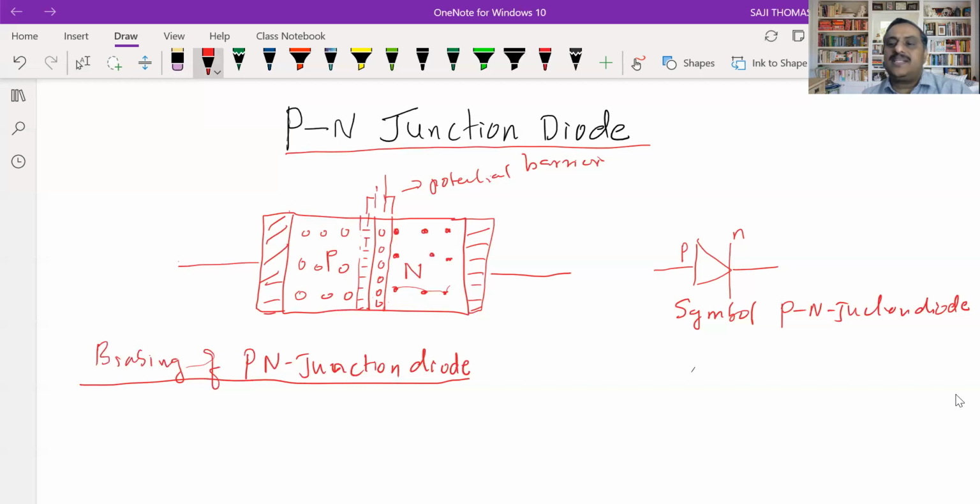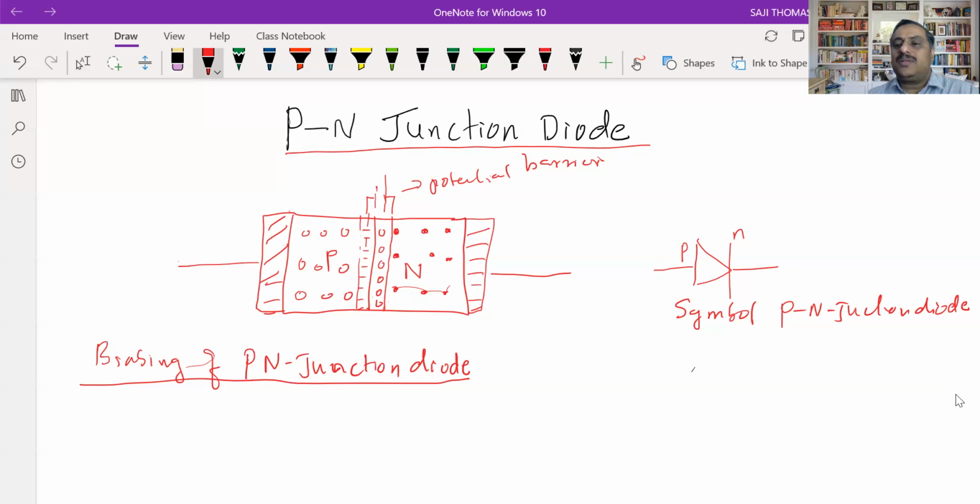So diode, when the PN junction is formed in equilibrium, it is not conducting because of the development of the potential barrier at the junction. So for the diode to conduct, we have to apply an external voltage to overcome the potential barrier. This process of applying suitable potential difference across the diode is known as biasing. So children, what is biasing?